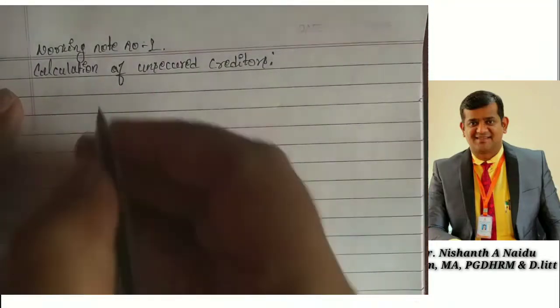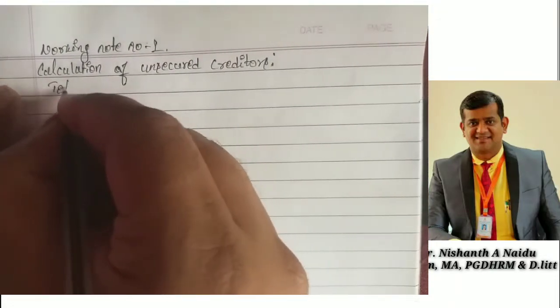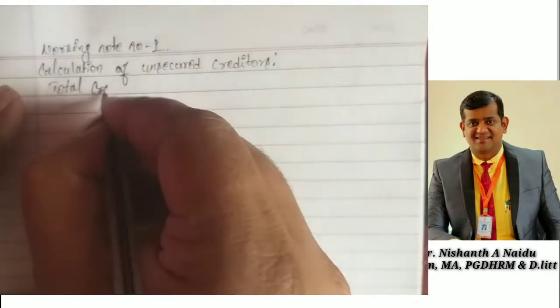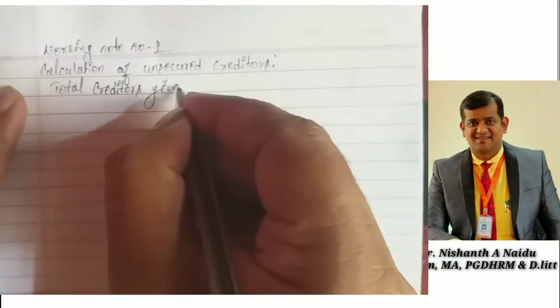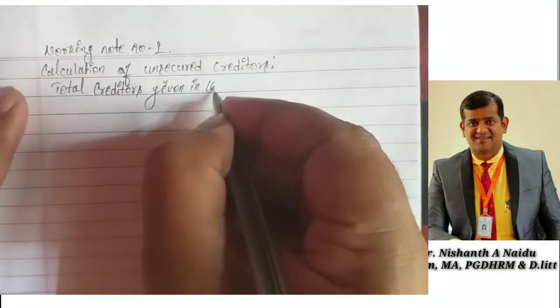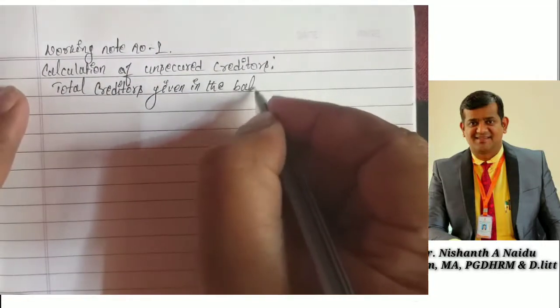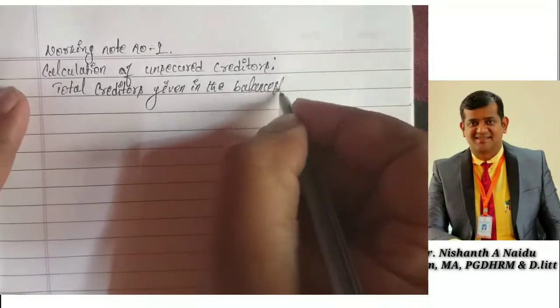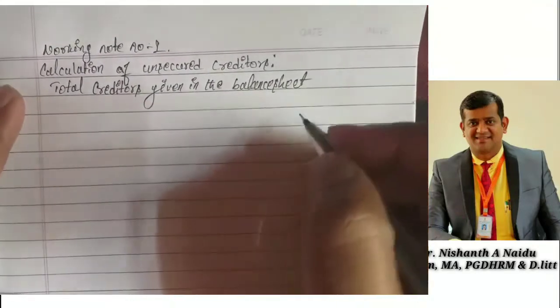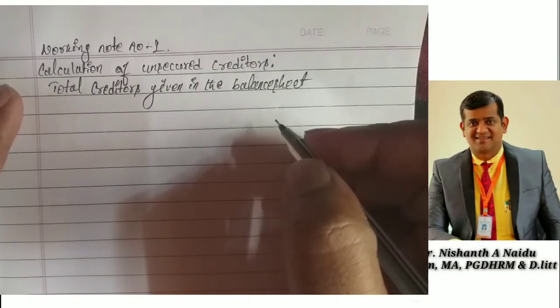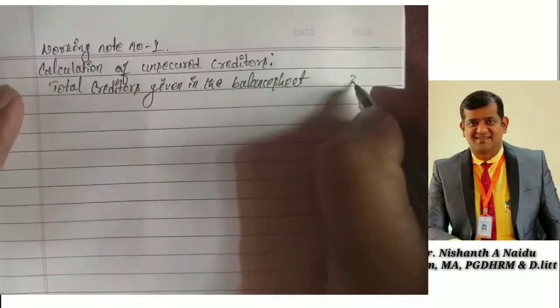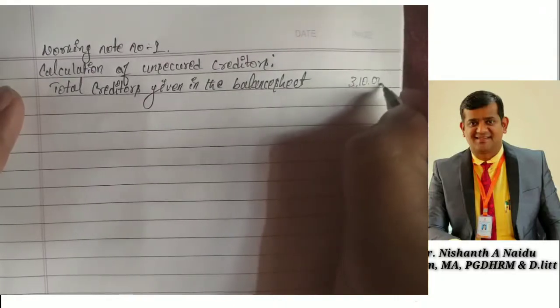So now to calculate this, first we have to write total creditors given in the balance sheet. So how much are total creditors given in the balance sheet? 3,10,000 rupees.